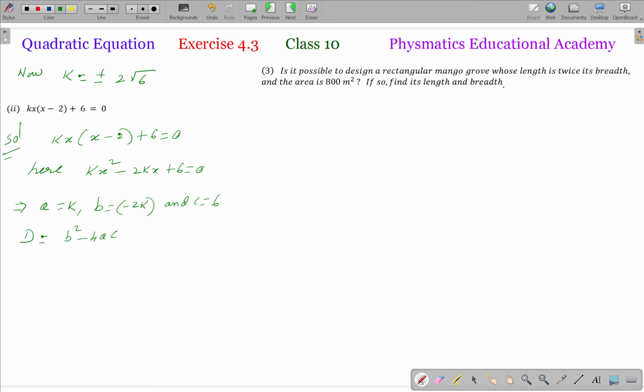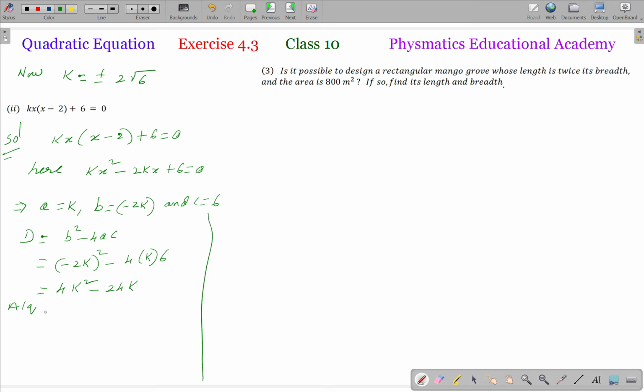D is equal to b square minus 4ac. That implies minus 2k whole square minus 4 into k into 6, that is 4k square minus 24k.